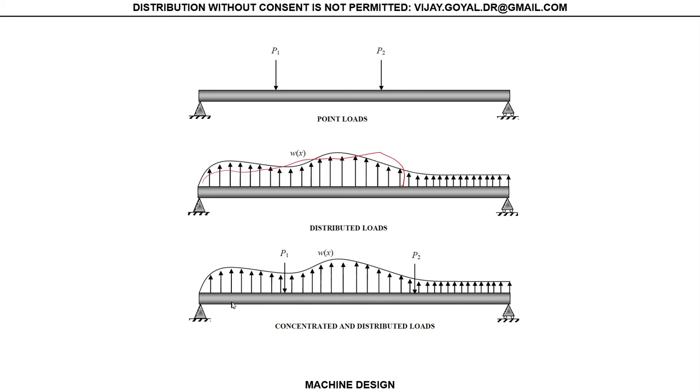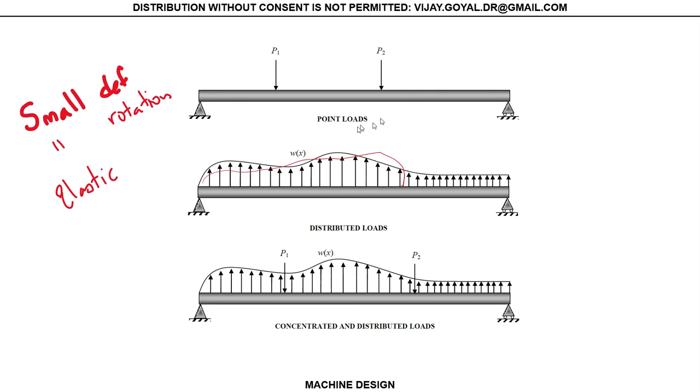But in most of the cases, practicality is that we have a combination of both. How do we analyze this when we have a combination? First of all, if we assume that we have small deflection, and we also have small rotations, and my analysis can be considered fully elastic.